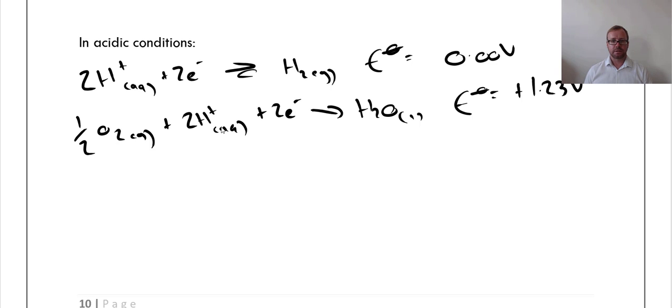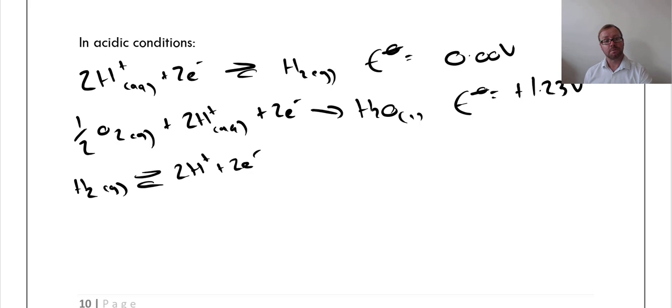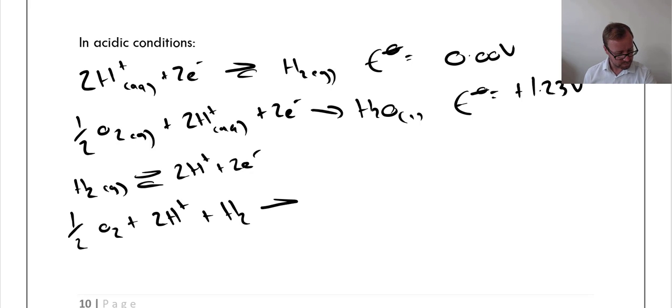Right, so my least positive turns into my oxidation, so I need to flip around the top equation: H2 gas goes to 2H+ plus 2e-. I can now add this equation with this equation because my electrons will cancel out. So half O2 plus 2H+ plus H2 forms 2H+ plus H2O.